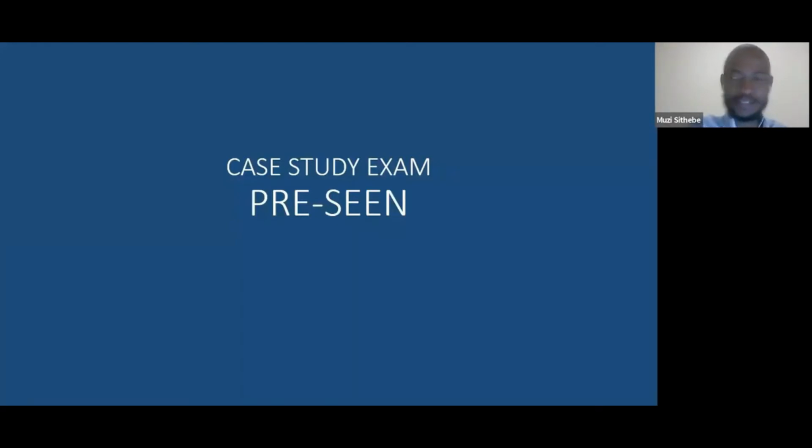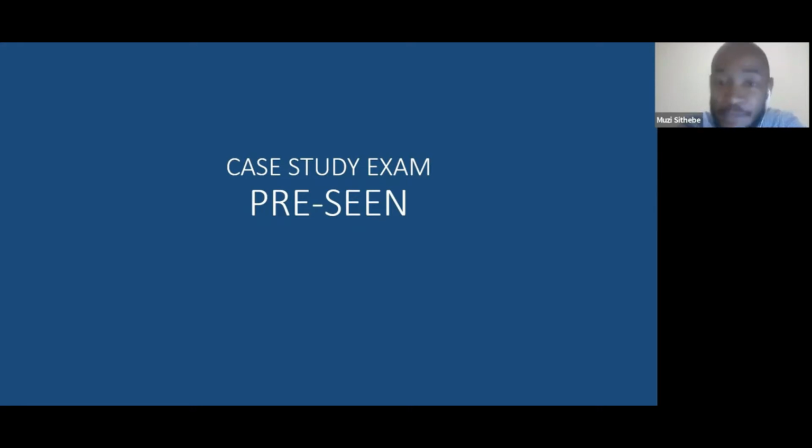So we discussed the pre-scene briefly, but this basically tells us what to expect in our case study exam. The pre-scene makes up a very, very important part of it because this is the basis upon which the entire exam is basically set. This is the background we're using, and this is the organization that we are working in on a day-to-day basis.